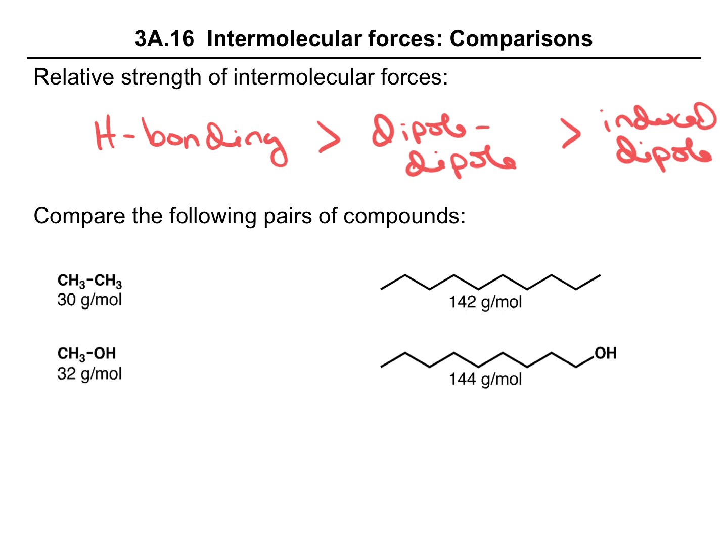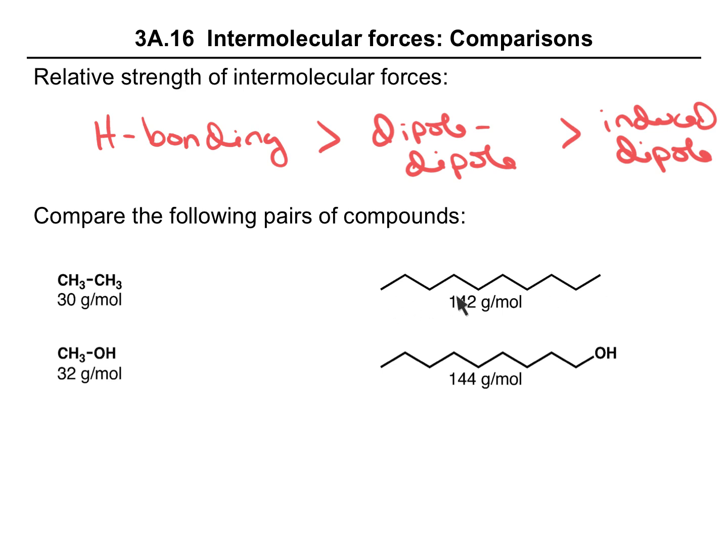But if we're trying to make comparisons between different intermolecular forces, then we want to stick with the same molecular weight, or as close as possible in terms of molecular weight. So if we compare ethane with a molecular weight of 30 grams per mole to methanol with a molecular weight of 32 grams per mole, then we're actually comparing the strength of the intermolecular forces.